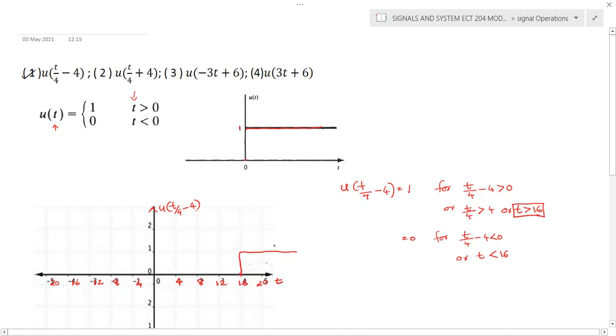Okay, and from this we get one more piece of information, that it's actually the shifted version of a step signal. So you can also write it as u of t minus 16.